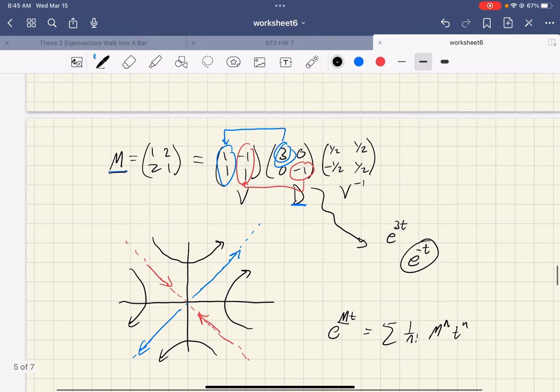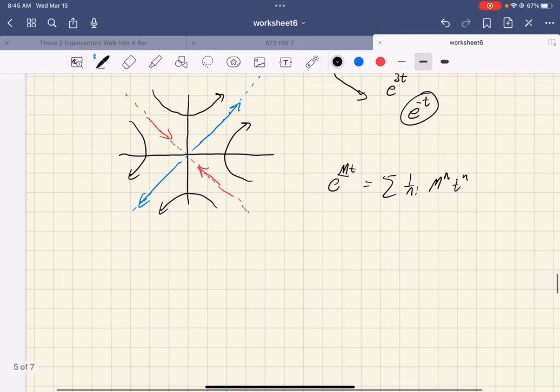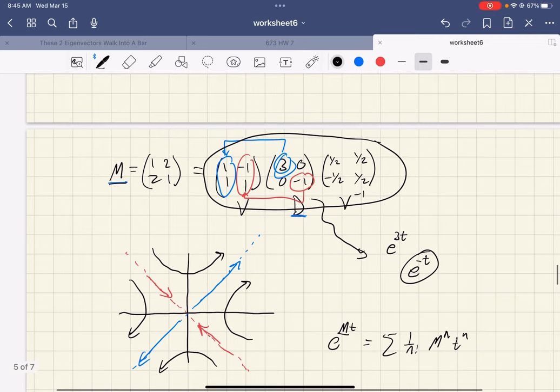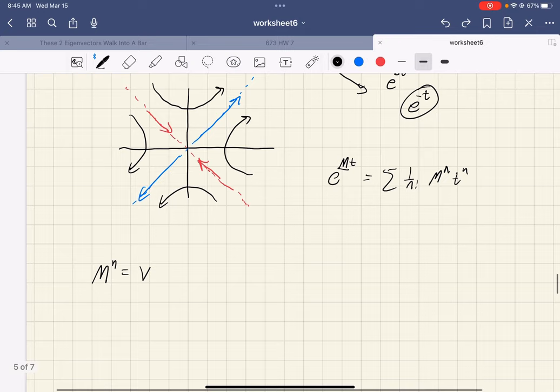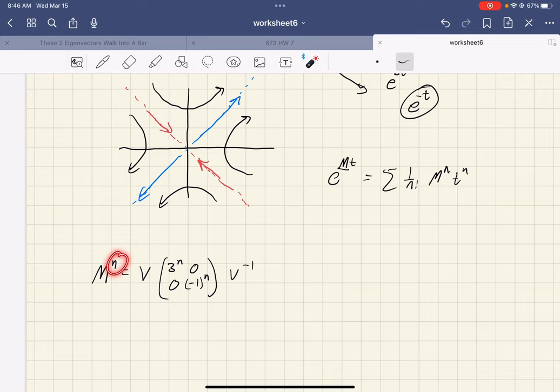But you want to think of it in terms of this decomposition, because it turns out that M to the n is, so when I write that V, I'm talking about this matrix here, so 1, 1, minus 1, 1. And then we have that diagonal matrix, which I'll write out. And then we have V inverse. And notice this power is what I put on the diagonal, but it doesn't really affect the V's.